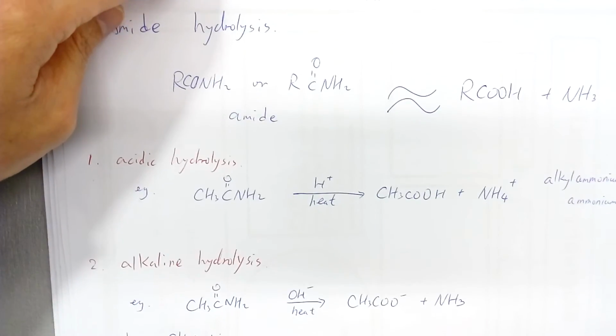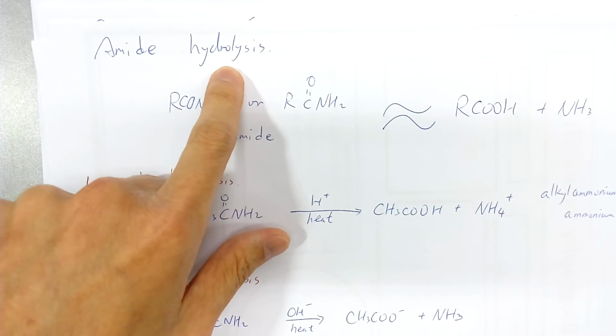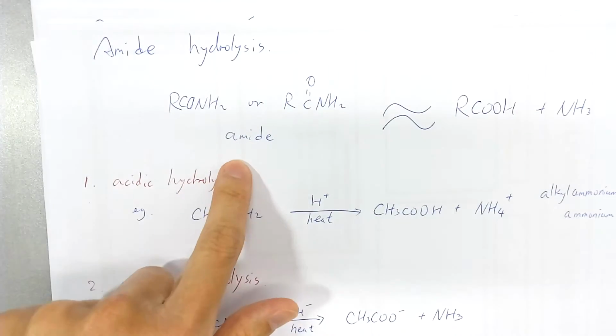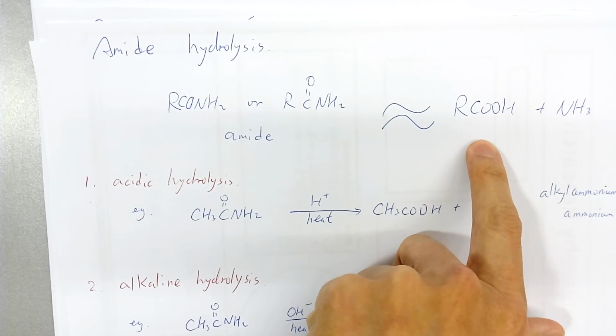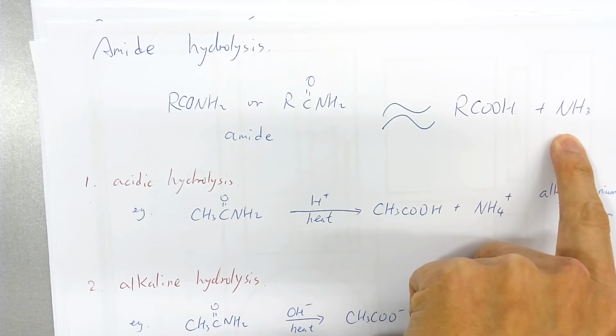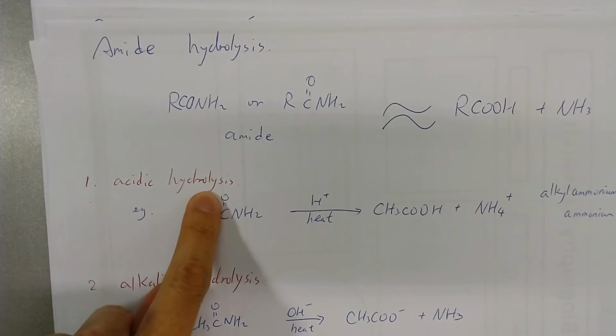Now, before we discuss the hydrolysis, that means the breakdown process, you should have a picture in your mind. Amide is more or less like carboxylic acid and ammonia, okay? Their reaction is more or less the same, okay? So once again, we have two types of hydrolysis, okay? The first one is called acidic hydrolysis.